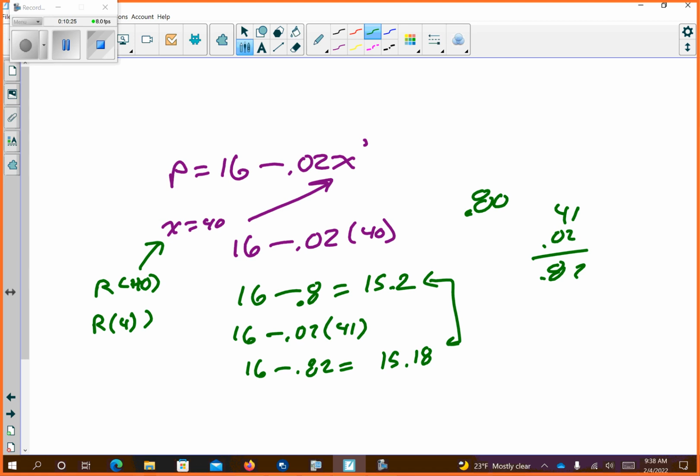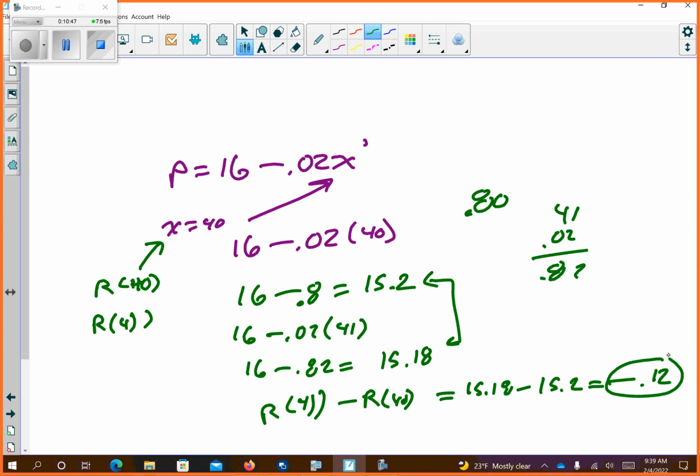You're talking about R of 41 minus R of 40. R of 41 was 15.18. If I subtract 15.2 from that, we get a negative number. In this case, we get a negative 0.12. Okay, so there definitely becomes a break-even point. There becomes a point where you start making profit. There becomes a point where you might be housing too much, where you're actually losing money.